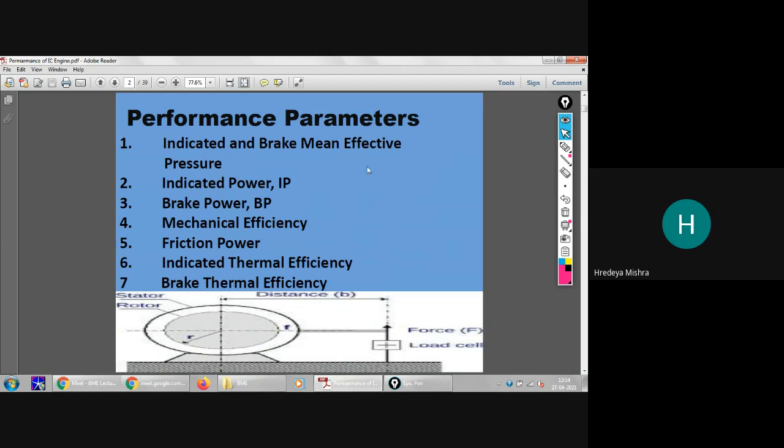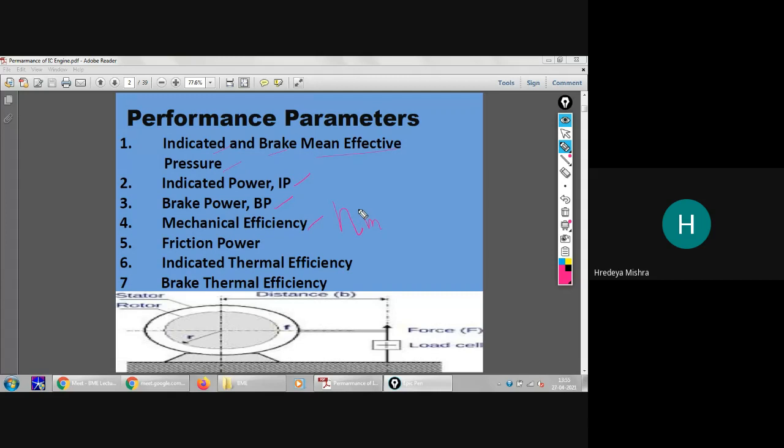Now these are the performance parameters, meaning how we can measure the performance. First is indicated and brake mean effective pressure. Then indicated power IP, brake power BP, and mechanical efficiency, which is represented by eta m.